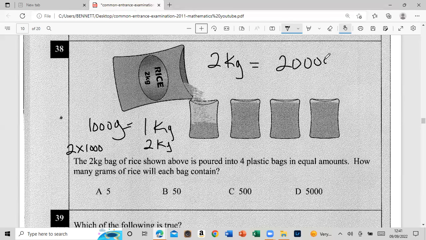Now we're going to share this 2,000 grams into 4. So we divide it by 4. 4 into 2 you can't. 4 into 20, 5, where I add the 2 zeros. So that's 500. So it would be 500 grams in each bag. Each bag would contain 500 grams.